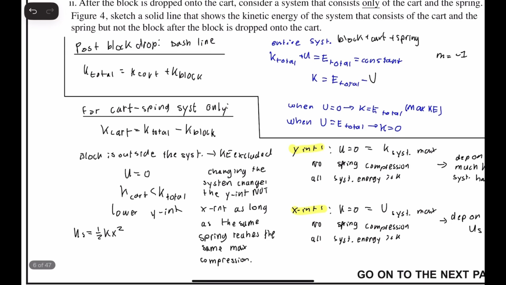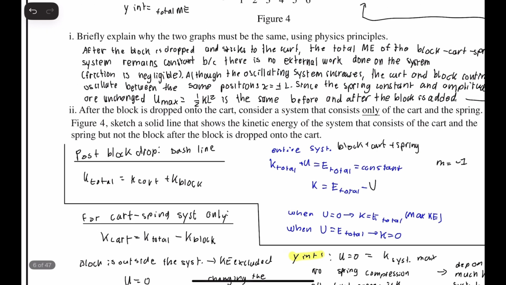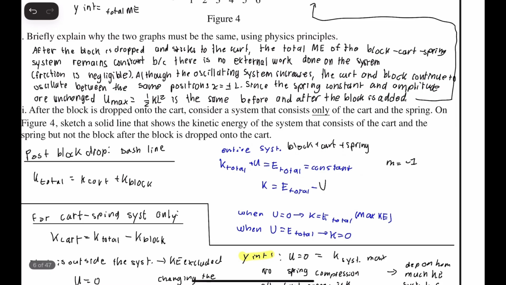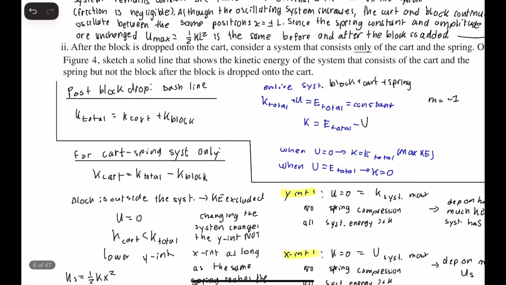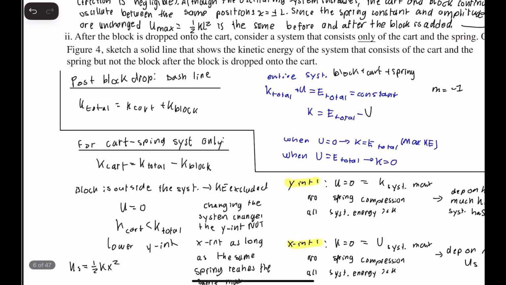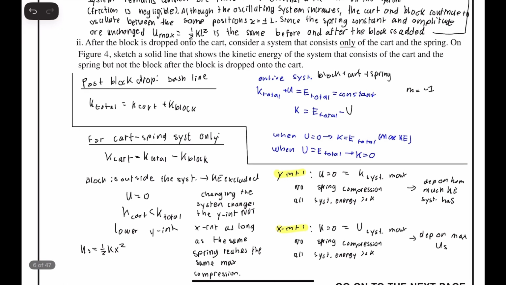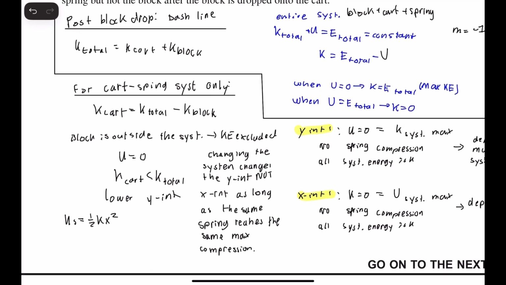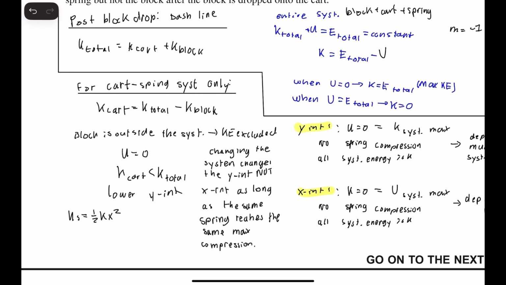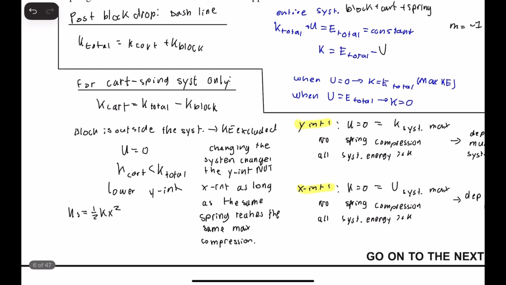Now for the cart spring system only, we also know that this dashed line is the same before and after the block was dropped. But for the solid line, we had a system change, because the block is no longer part of the system. It's just the cart spring system. So that changes everything, and now we have to rewrite the equation for the total kinetic energy.